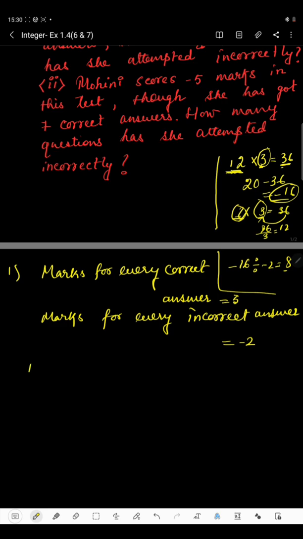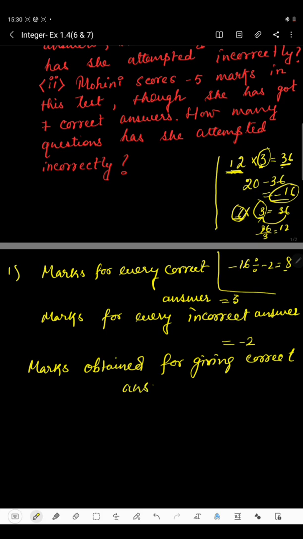That means marks obtained for giving correct answers. 12 questions she attempted correctly. So she will be getting 3 marks for giving one correct answer.